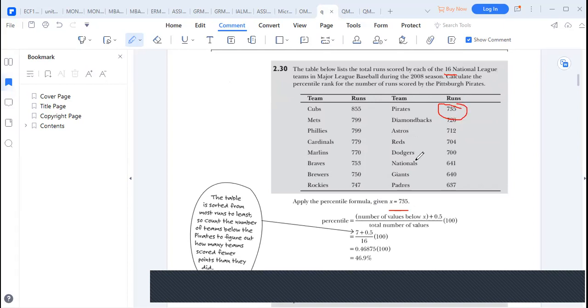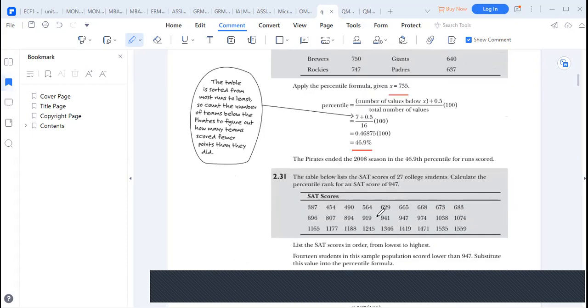Okay, 735. 1, 2, 3, 4, 5, 6, 7, 8, 9, 10, 11, 12. So they're in ascending order. So 1, 2, 3, 4, 5, 6, 7, 8. So it's an even number as well. So these numbers that are before this are how many? 7. So 7, you add a 0.5 there over 15 times 100, it will give you 46.9%.